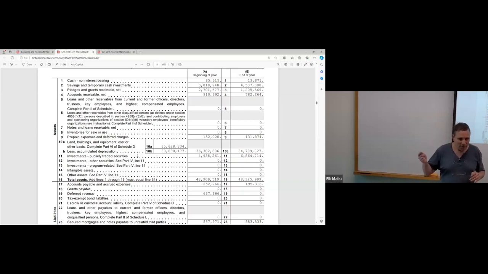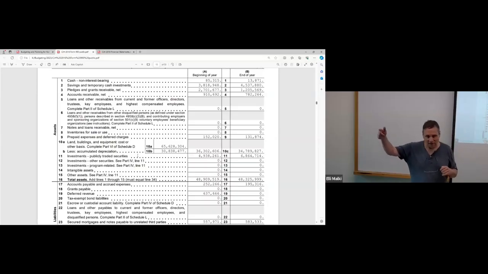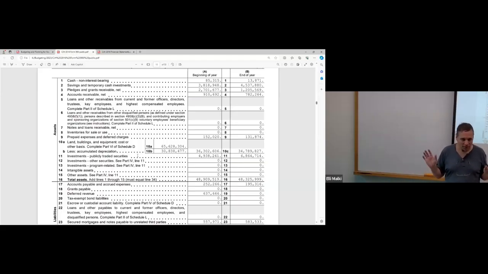Next year, I have to deduct 10%, $100, so it will be reflected as $900. The year after that, $800, $700. After 10 years, the book value of this piece of equipment will be zero. It may have market value, I may be able to sell it, but in the books, in the accounting system, it will appear as zero.